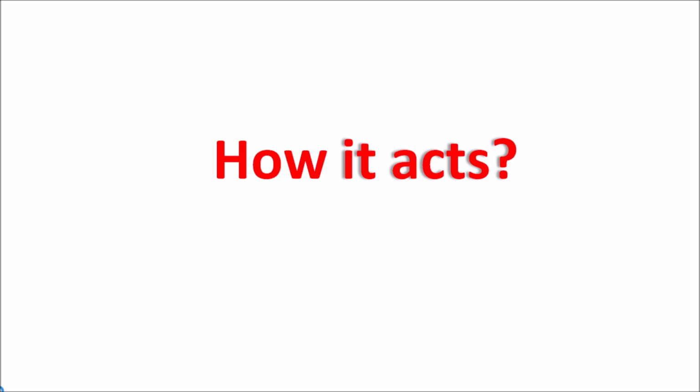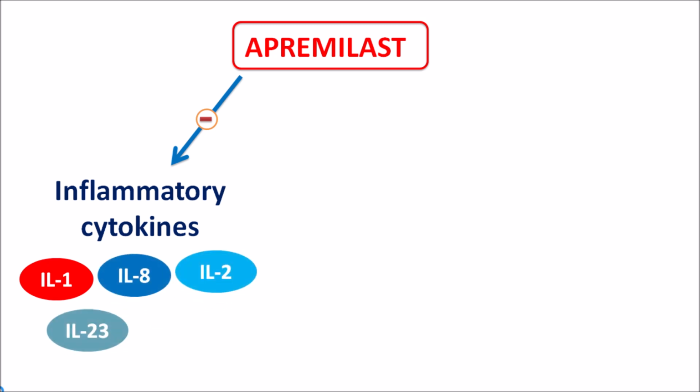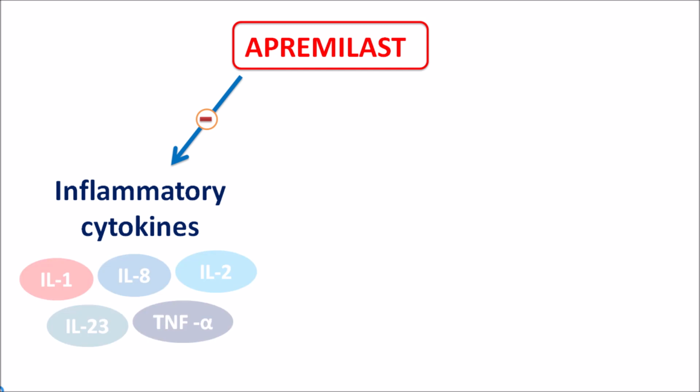Now let us see how this drug acts. Apremilast is one of the drugs which is going to inhibit release of inflammatory cytokines such as IL-1, IL-8, IL-2, IL-23, and even TNF-alpha, tumor necrosis factor alpha. So release of all these inflammatory cytokines is reduced by Apremilast.